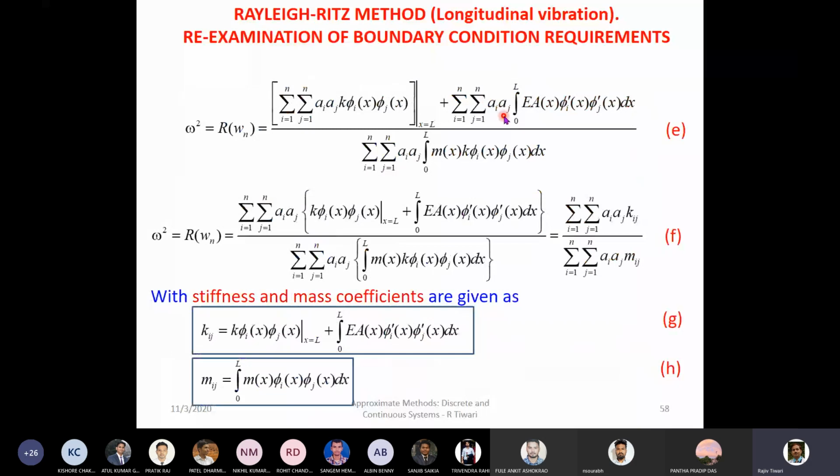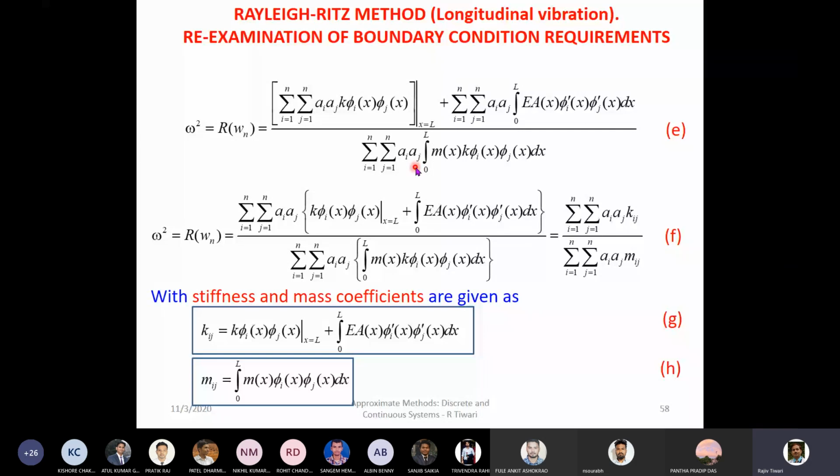Ai and Aj are constants, so they will not be within the integral. Remaining, which are functions of x, will be here. Here there is no change, only the k I have brought in. K was outside; this is a constant stiffness. Here again I have taken out the summation outside the integration, and Ai and Aj are constants, so they are outside the integration.